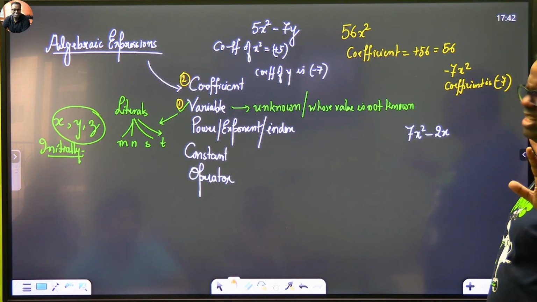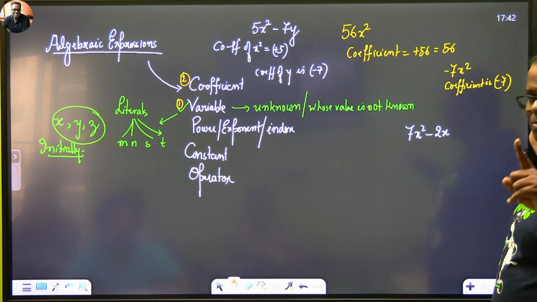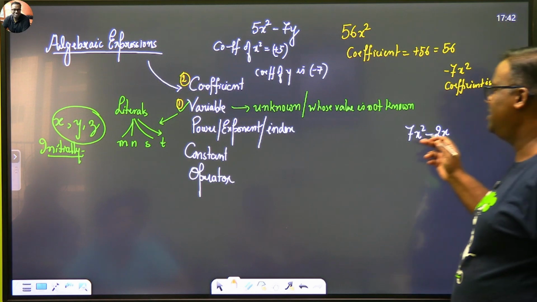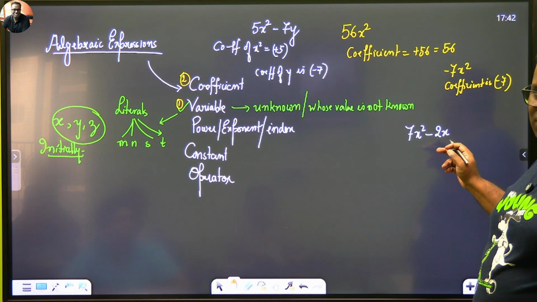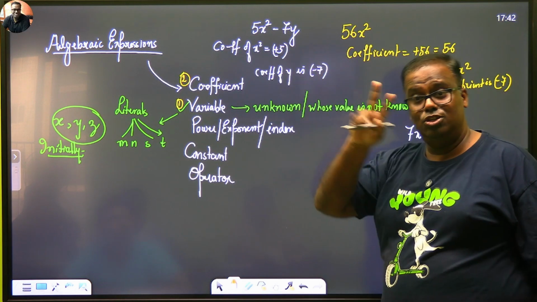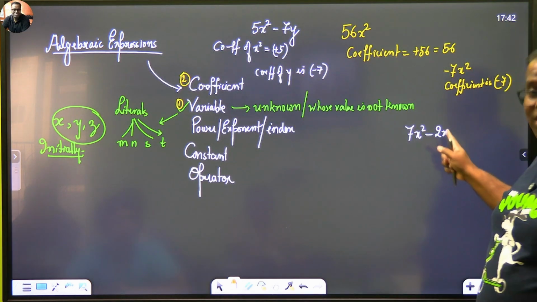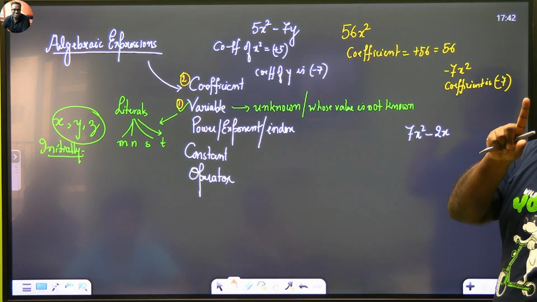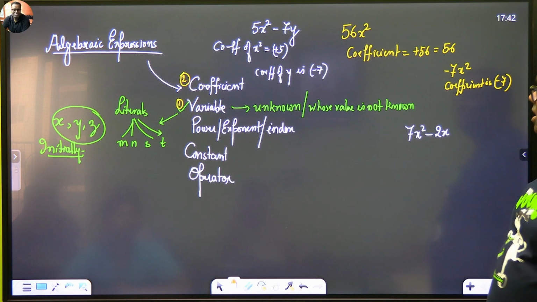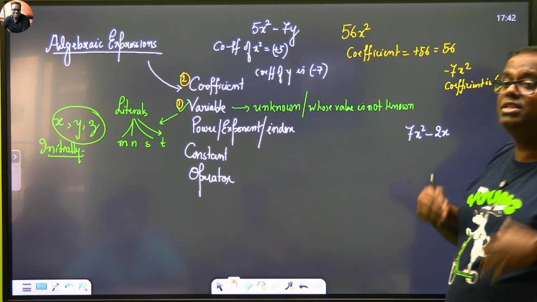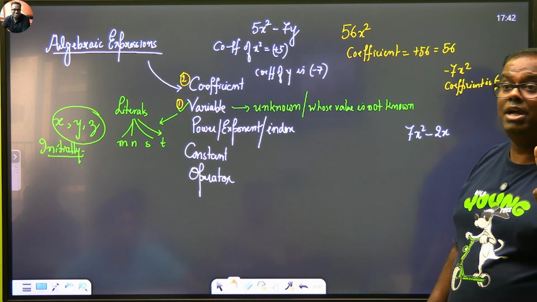Here x is getting squared. Here x is coming as a single power. How many variables out here? Two. Dog, cat. Dog square, dog. Animal is the same. It's one variable. So now how do we define? We define the coefficient of x square is 7 and the coefficient of x is minus 2.